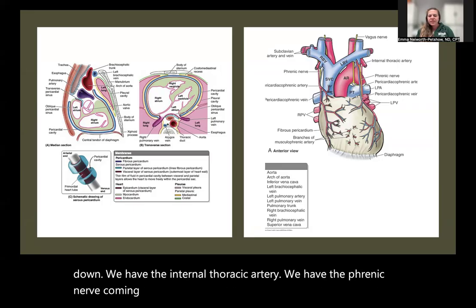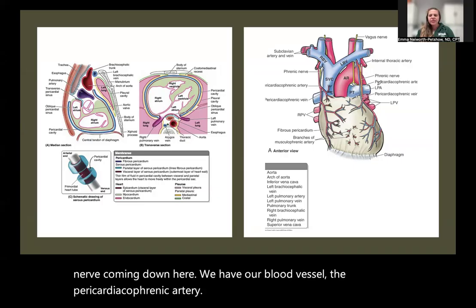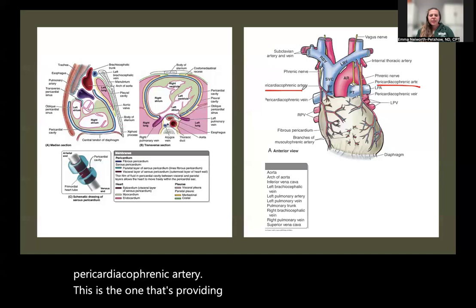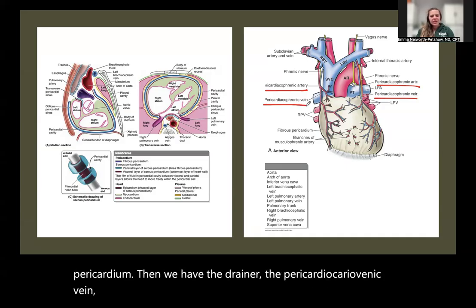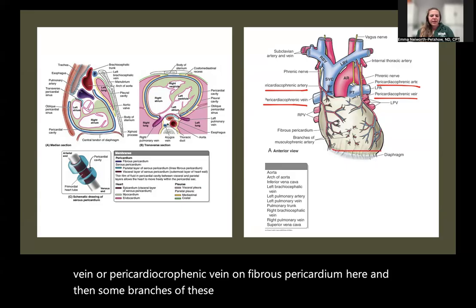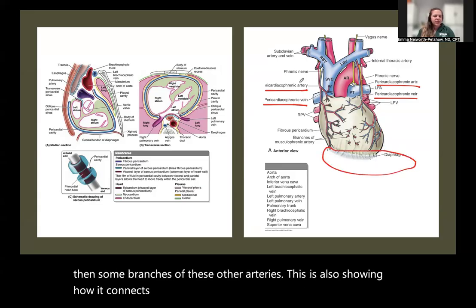We have our blood vessel, the pericardiacophrenic artery. This is the one that's providing the majority of blood supply to the pericardium. Then we have the drainer, the pericardiacophrenic vein. Fibrous pericardium here, and then some branches of these other arteries. This is also showing how it connects to the diaphragm. So it's a decent picture.